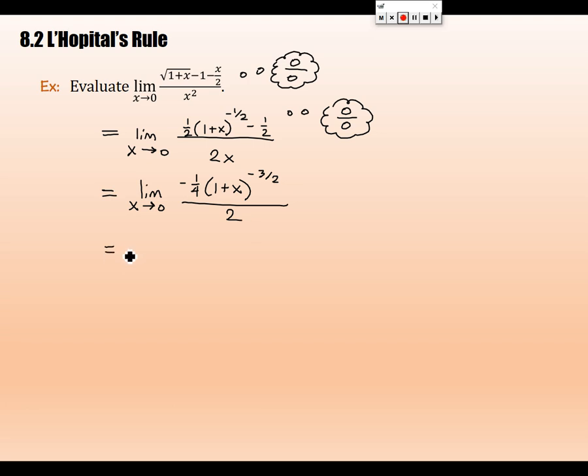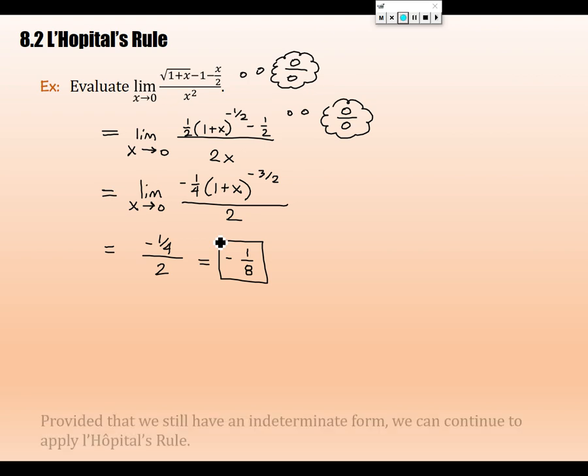So we get negative 1/4 divided by 2, which is negative 1/8. Feel free to verify that you get negative 0.125. You could actually plug in 0.01 to this expression on your calculator and get a reality check that this is actually making sense.